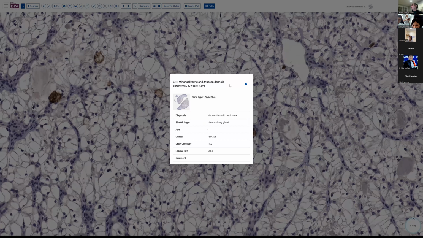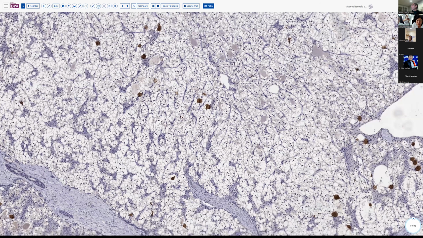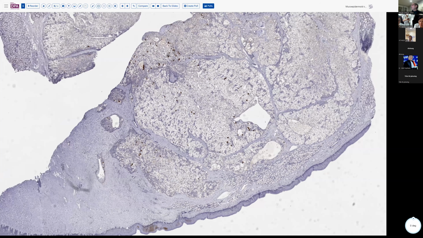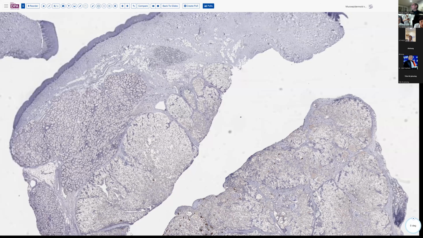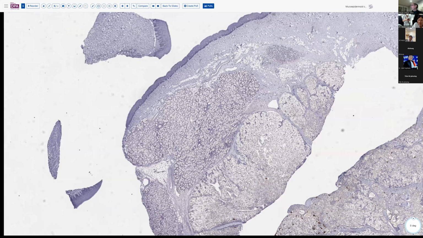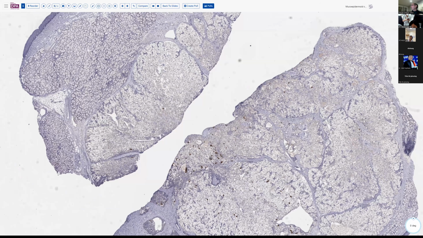They don't tell us what the stain is, but I'm pretty sure that this is an immunohistochemistry for MUC5AC. Let's see if we've got a control here. I don't see a control tissue here. So take my word for it. This is one of the MUC stains, and it's highlighting the mucus cells in this case.